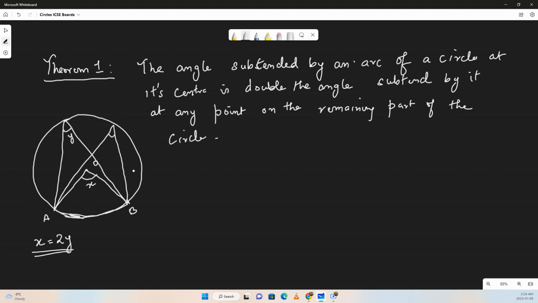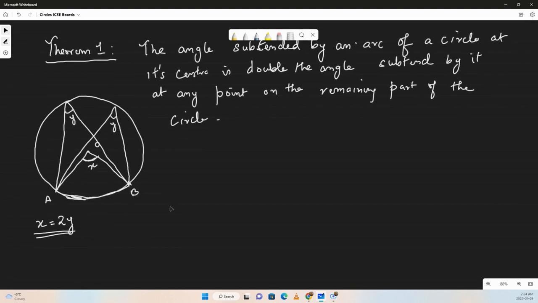Okay, clear? So the angle subtended by an arc at the center is double the angle subtended by it at any point on the remaining part of the circle. So if the angle at the remaining part of the circle is y, then the angle at the center is 2 times y. So that is theorem 1.